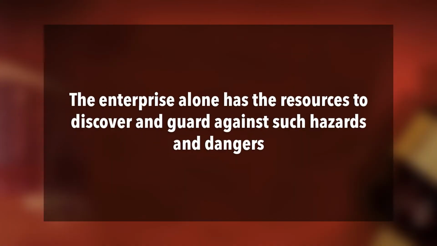Firstly, the enterprise carrying on such hazardous and inherently dangerous activity for private profit has a social obligation to compensate all those suffering therefrom, and it should absorb such losses as an item of overheads. And secondly, the enterprise alone has the resources to discover and guard against such hazards and dangers.